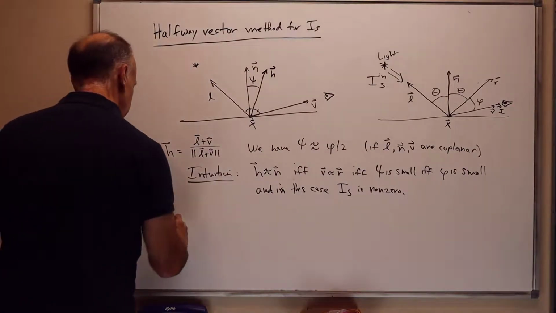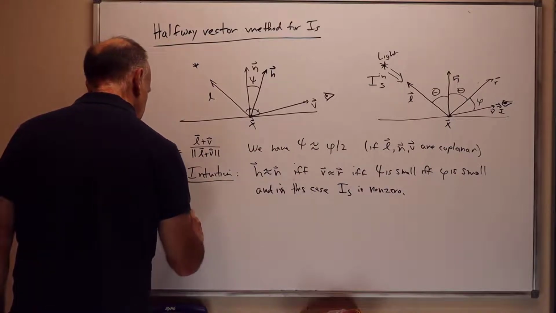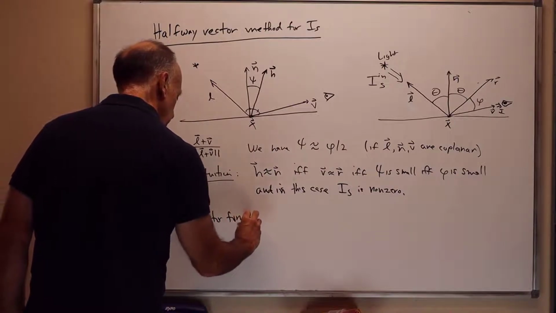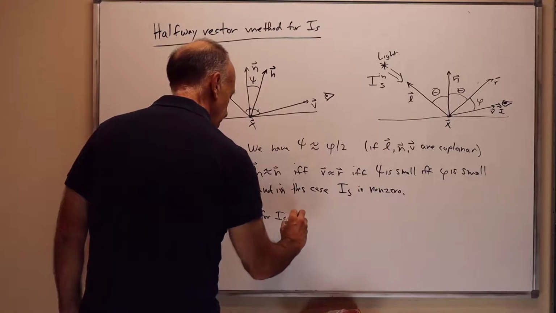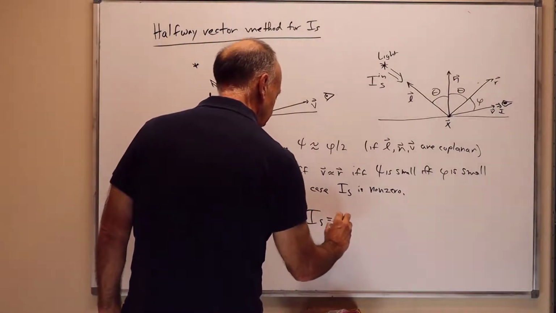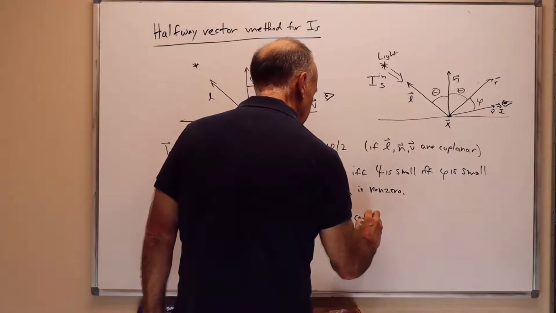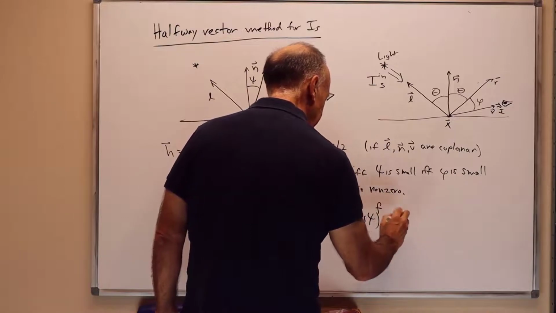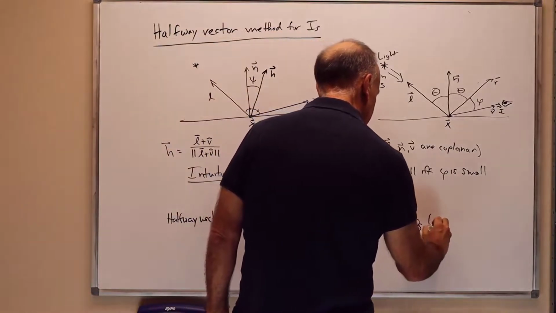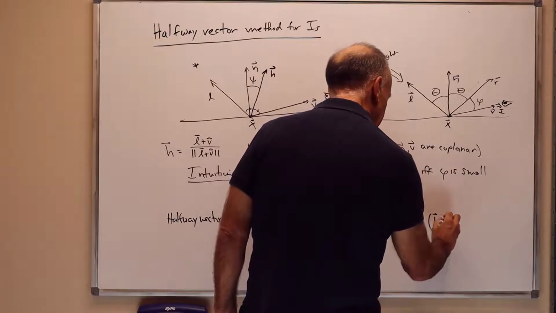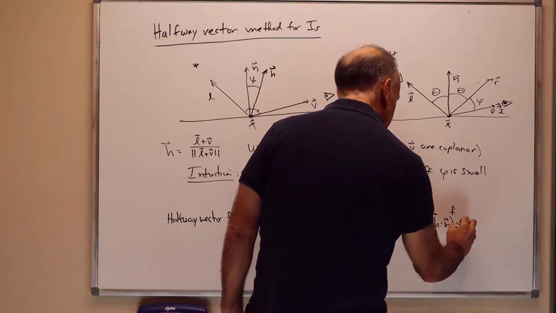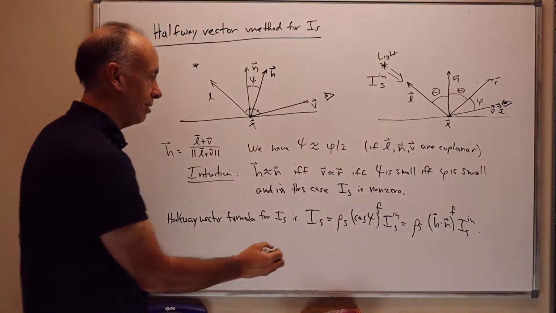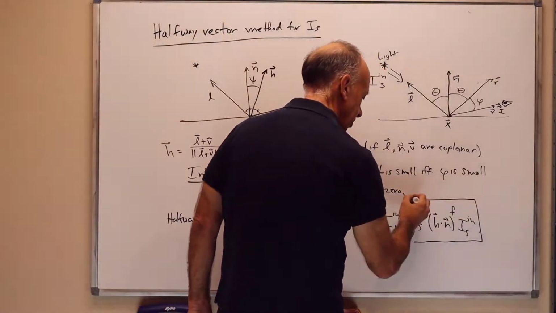So the new formula, the halfway vector formula for I sub s, is I sub s equals rho s times cosine of psi to the f times I in s, and that's the same thing as rho s times h dot n to the f times I in s. And this is the formula we would typically use to avoid the use of trig functions.